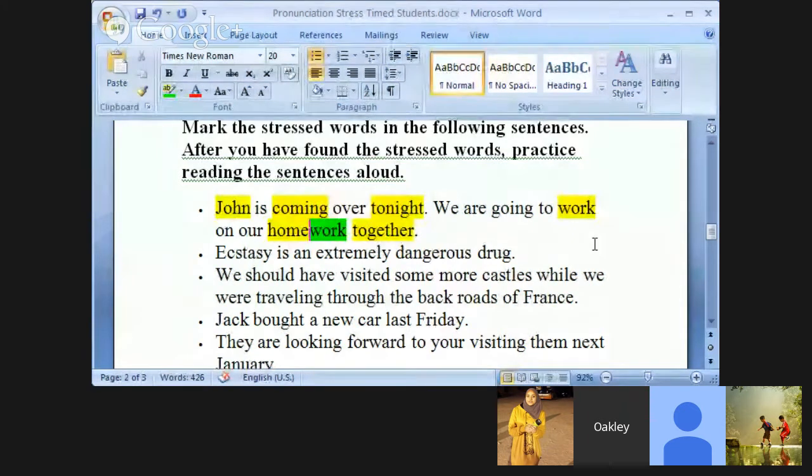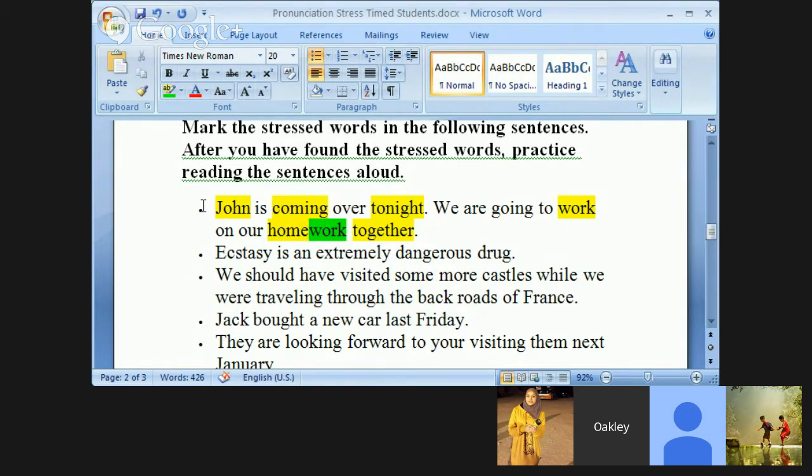Although it's louder and pronounced fully with a stretched vowel sound, it is a low pitch, as opposed to high pitch. So, homework. Even though we have two normally stressed words together here, it still works with our rhythm, alternating high and low pitch. This is basically how rhythm is formed.